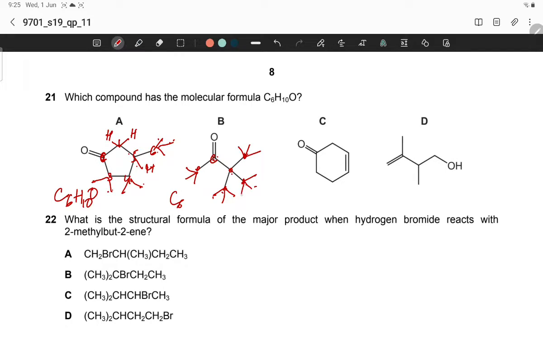C6. This is hydrogen, hydrogen, hydrogen, hydrogen, hydrogen, hydrogen. 1 2 3 4 5 6 7 8 9 10 11 12. C6H12O. This is wrong.